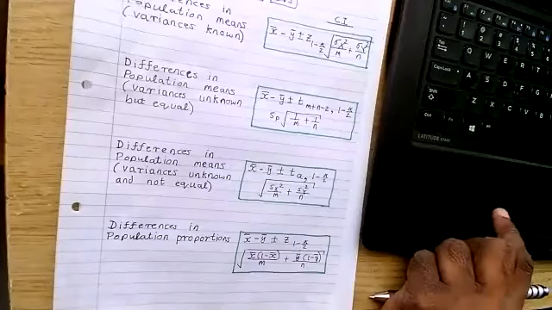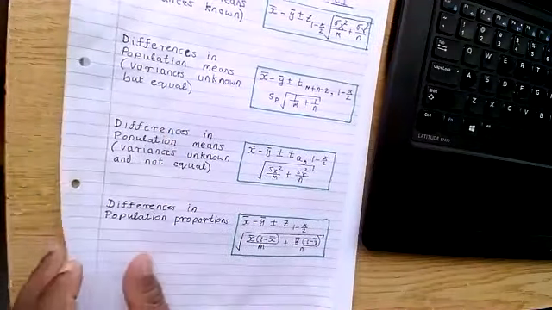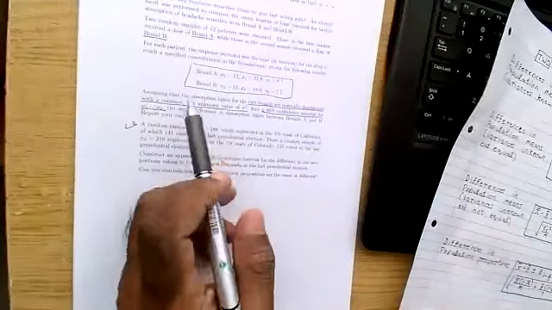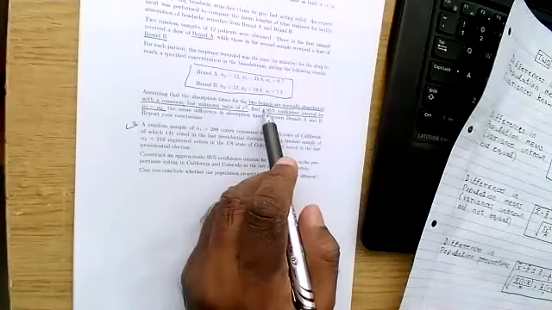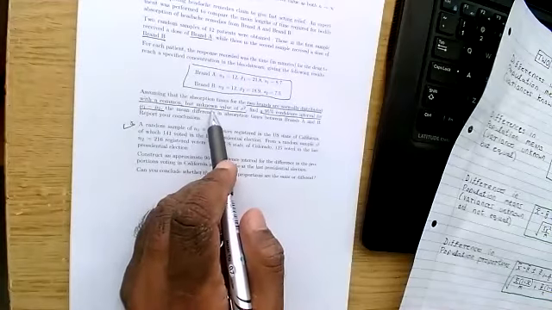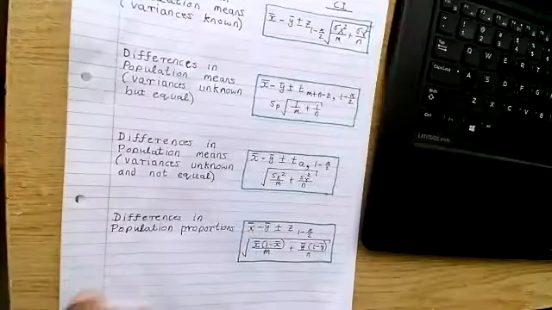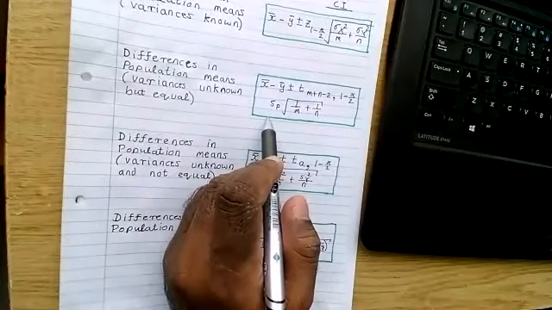Can you guess? I just read the question for you. It says that assume that the two brands are normally distributed with a common but unknown value for sigma squared. So clearly we need to use the second one, right?